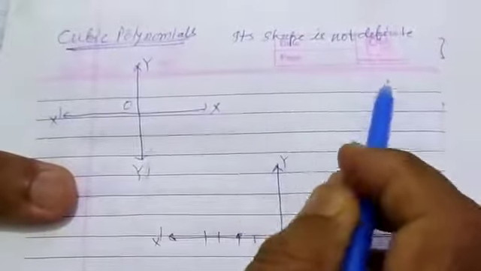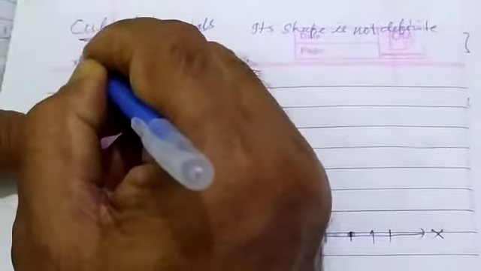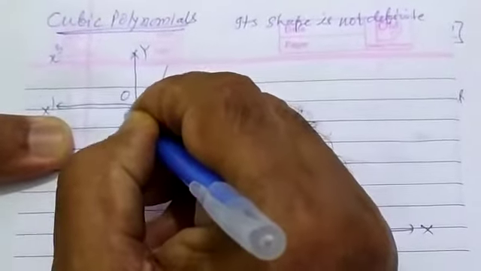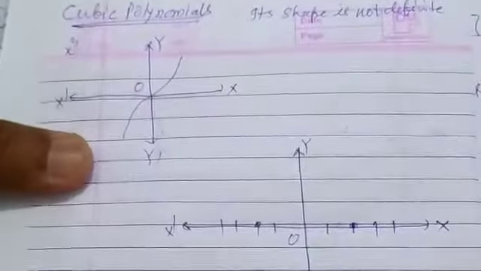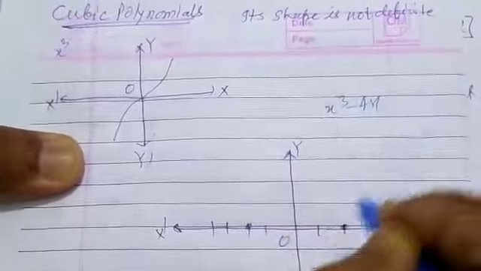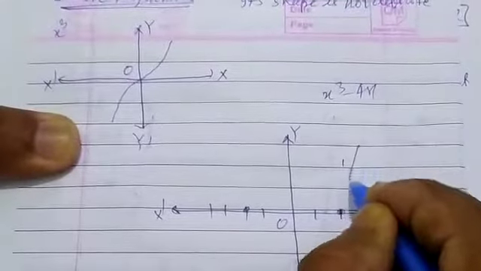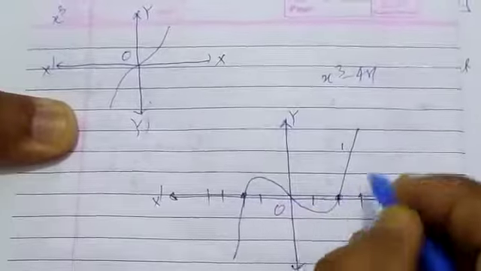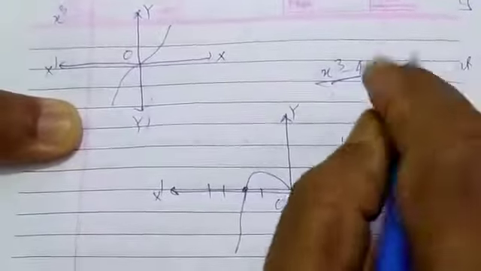Cubic polynomials: their graph has no definite shape. Suppose you are sketching the graph of x cube, then its graph will be like this. It is the graph of x cube. But when you draw the graph of x cube minus 4x, its graph will come like this. This is the graph of x cube minus 4x.